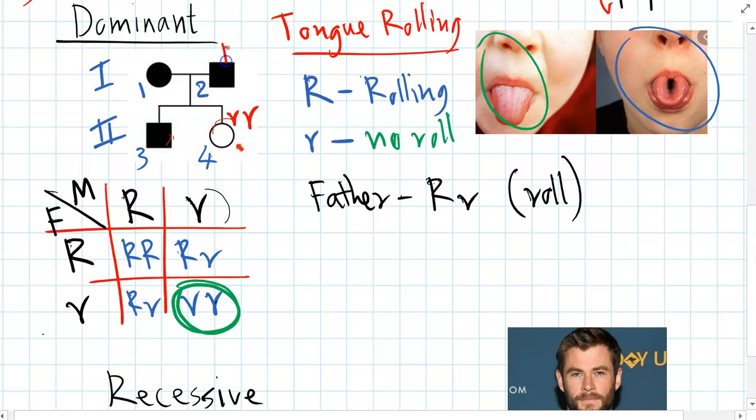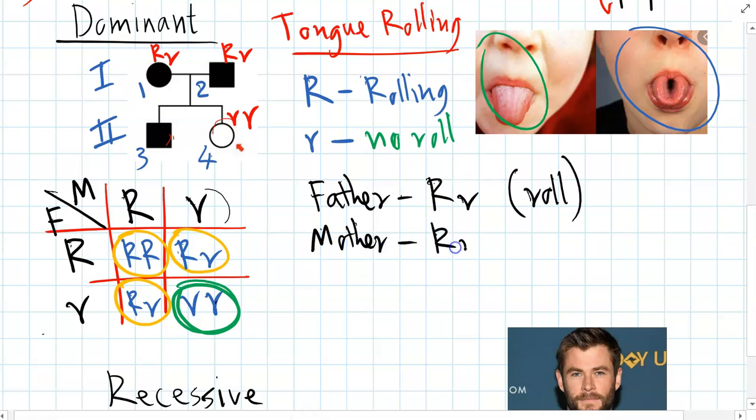So let's fill out the dad and the mum. So if we look down at the Punnett square, each one of the other 3 possibilities, they all have the tongue rolling phenotype. So we're not sure what the son's genotype is.